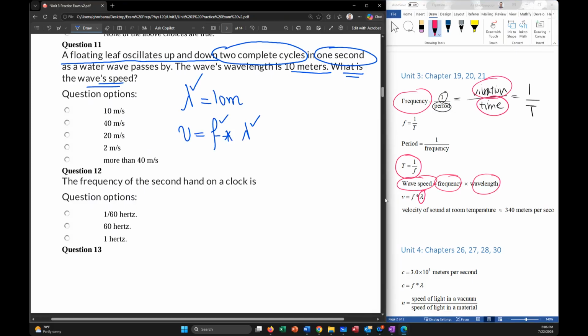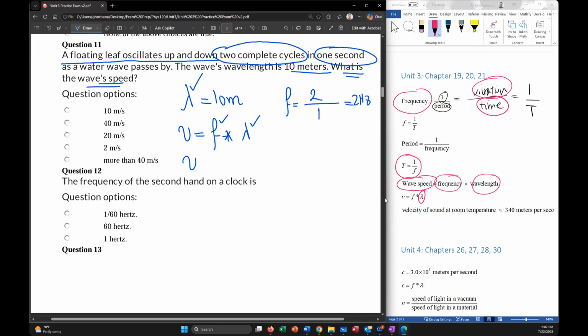I already have lambda, which is given 10 meter, and I don't have frequency. But if I read the question, it gives me some information about vibration over time. Perfect. Frequency is going to be number of vibration, which is 2 complete vibration over 1 second. Frequency is going to be 2 hertz.